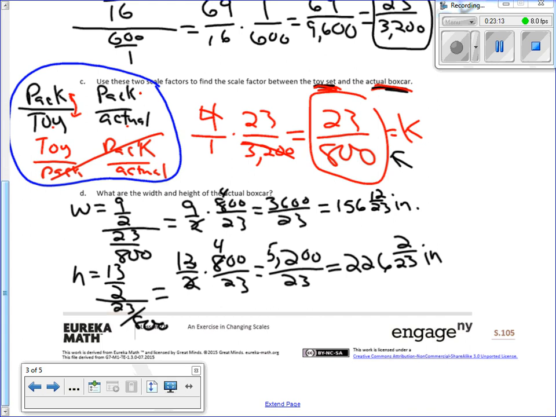Because if we did it wrong, if we didn't flip that pack over toy, we'd get 800/23, and that would be the wrong direction in our scaling. The toy is not bigger than the actual train. Okay. Hopefully you can now go do your problems.